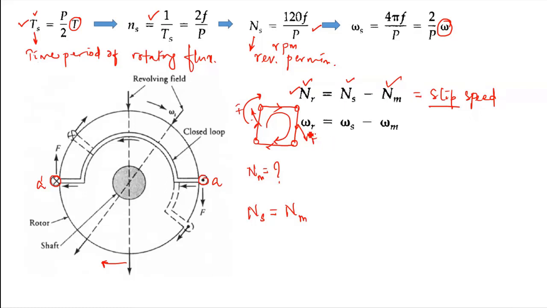Similarly, if I convert this slip speed into angular velocity, it will be omega s minus omega m, right? Now another term is defined here that is called slip.